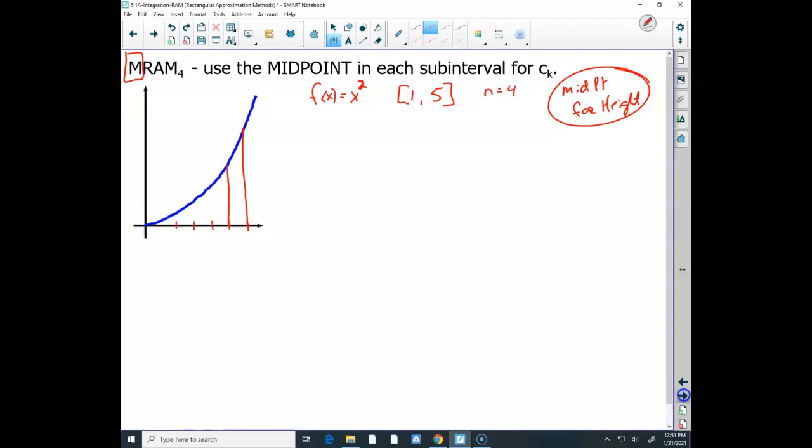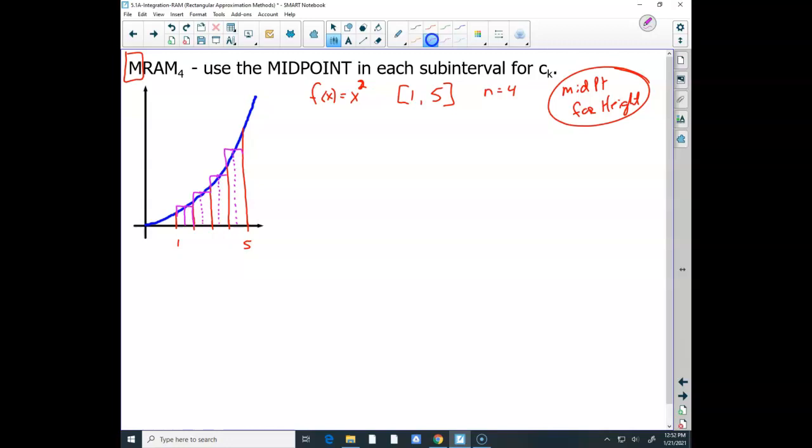So here are my rectangles, 1 through 5. If I'm using the midpoint, well now, these are my rectangles, because it's the midpoint of the interval that gives me the height. And hopefully you're like, oh yeah, that's a much better estimate than it was.